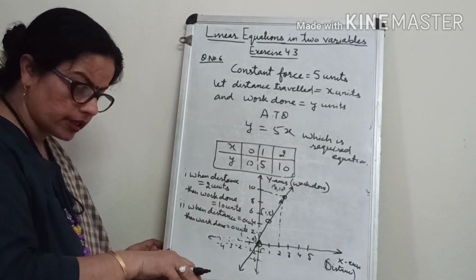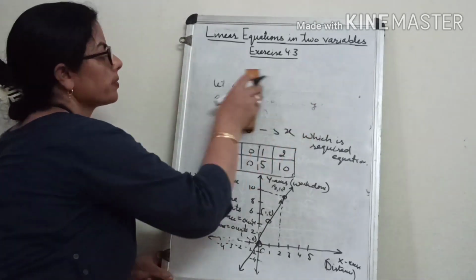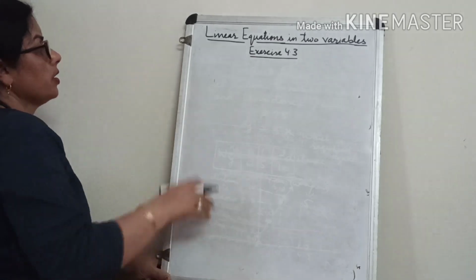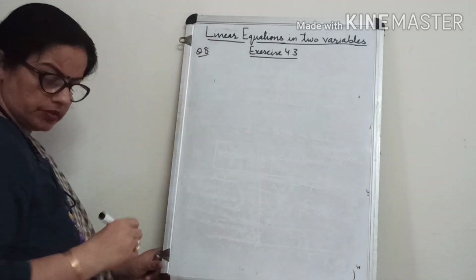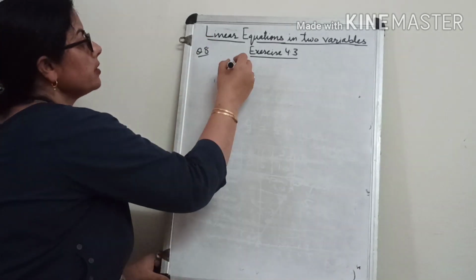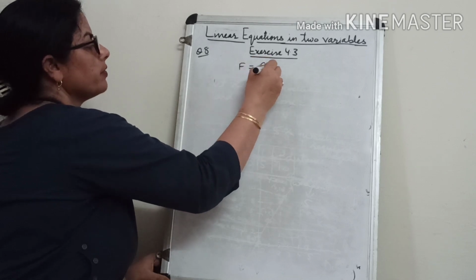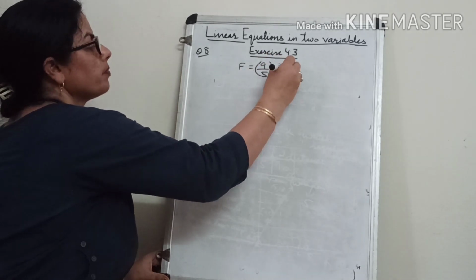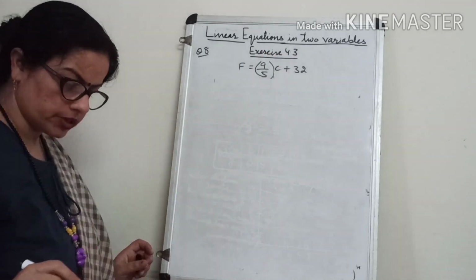Now let us take question number 8. In question number 8, he is saying one relation between Fahrenheit and Celsius is given to us. F is equal to 9 by 5 C plus 32.